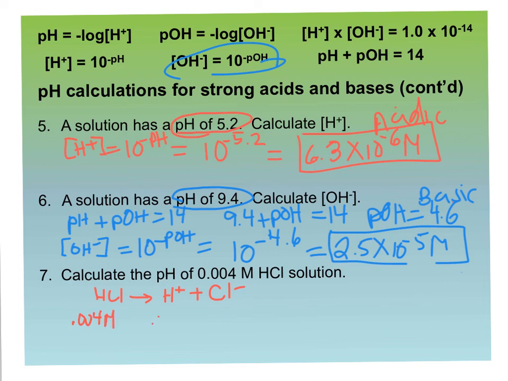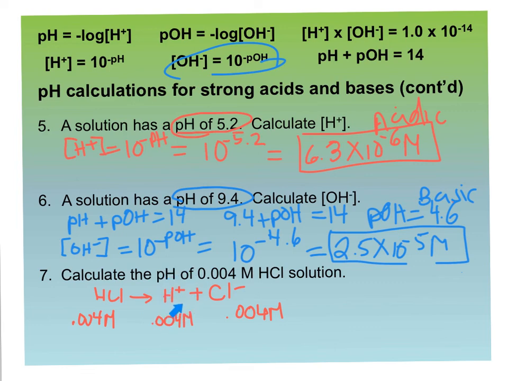Then I'd get 0.004 molar of this one and 0.004 molar of this one, right? Every single one of these molecules turns into 1 H plus and 1 Cl minus. So if I start with 0.004 molar of this, that means I end up with 0.004 molar of this and 0.004 molar of Cl minus. So what does that tell us? Well, that tells us the H plus concentration right here.